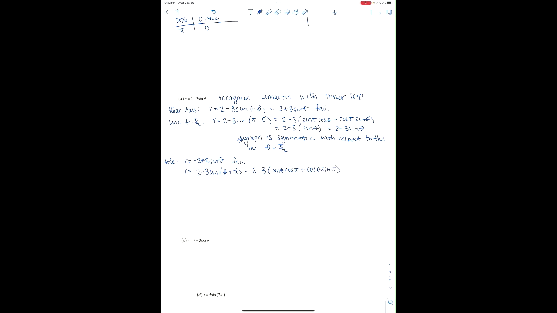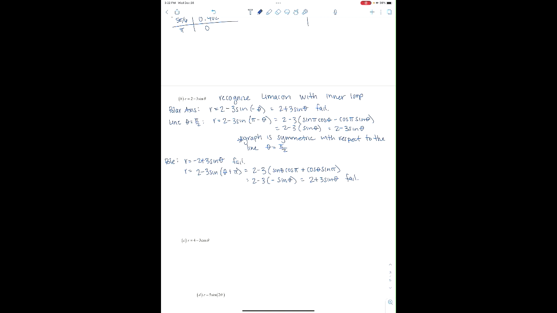And then we find out what is cosine of pi and what is sine of pi, so that way we can have 2 minus 3 times negative sine theta. And that's 2 plus 3 sine theta, which was not our function, so it's telling us it might not be symmetric with respect to the pole.